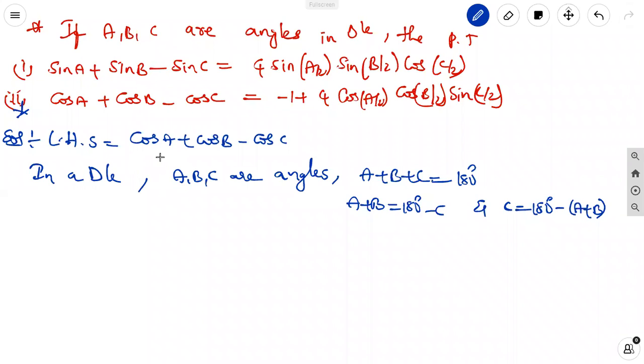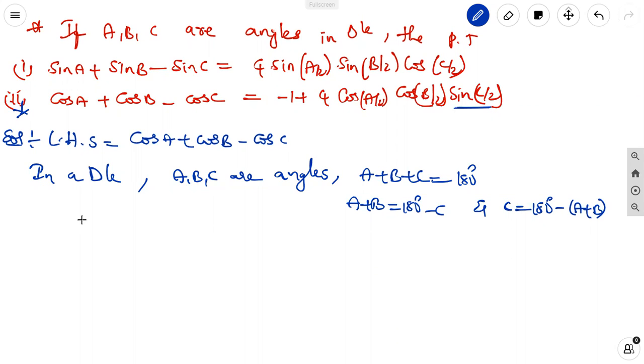Here the LHS is cos A plus cos B minus cos C. Observe the RHS term, sin C by 2 is there. So we can write cos C as 1 minus 2 sin square C by 2. Then it is easy to get sin C by 2 common, using the cos C plus cos D form.